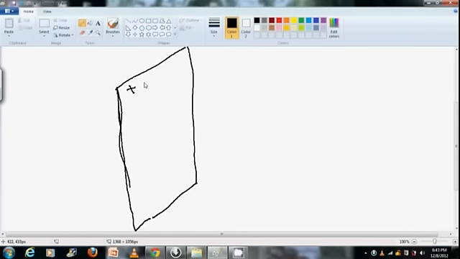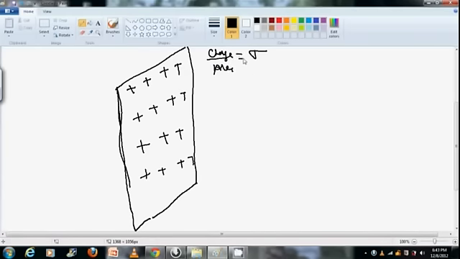And this uniform charge is distributed over it, and the surface charge density, the charge per unit area, is sigma. I want to find what is the electric field here.